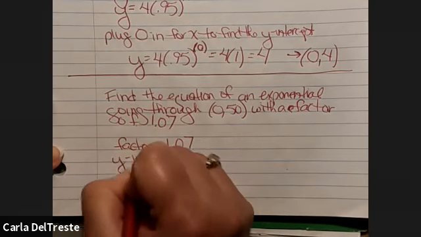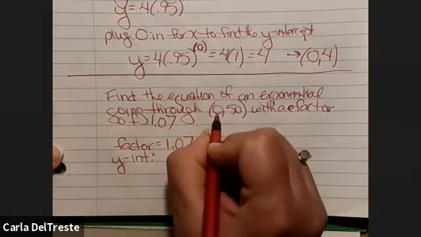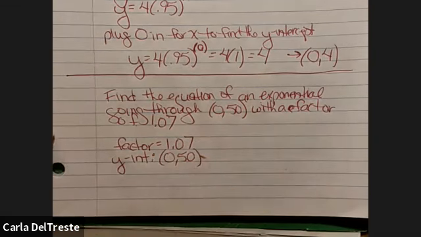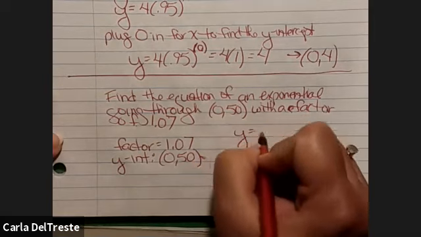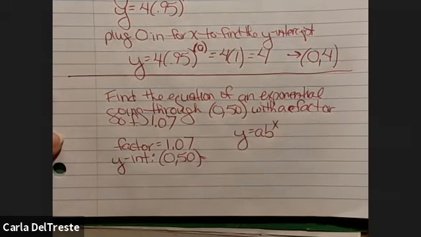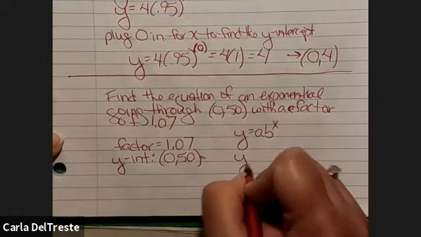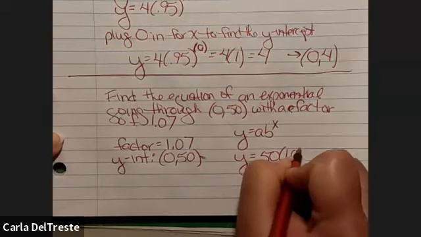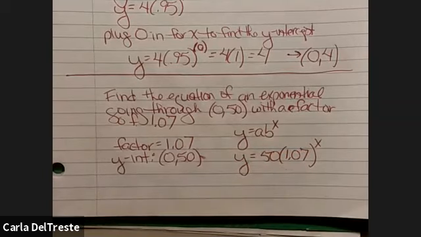The y-intercept, we know that always occurs when x equals 0. So they're giving us the y-intercept. I can plug it directly into y equals ab to the x. So this is going to be y equals 50 times 1.07 to the x. Then you can answer all the other important features like we just did in the table.